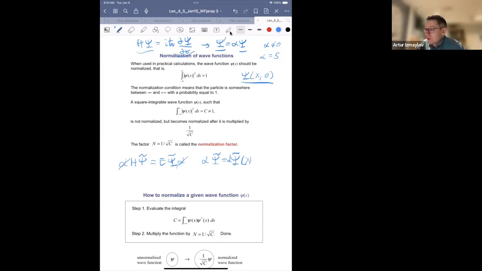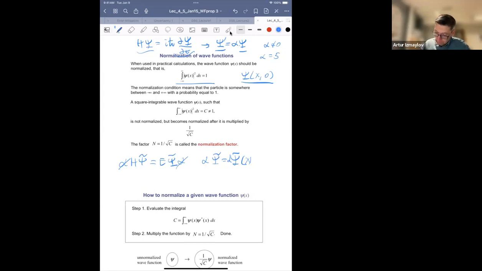But the reason why this constant is more or less fixed for us is the physical interpretation that we would like if we obtain a solution for the Schrödinger equation. It's a mathematical problem. It should have clear physical meaning, which is that it should represent probability density, right?